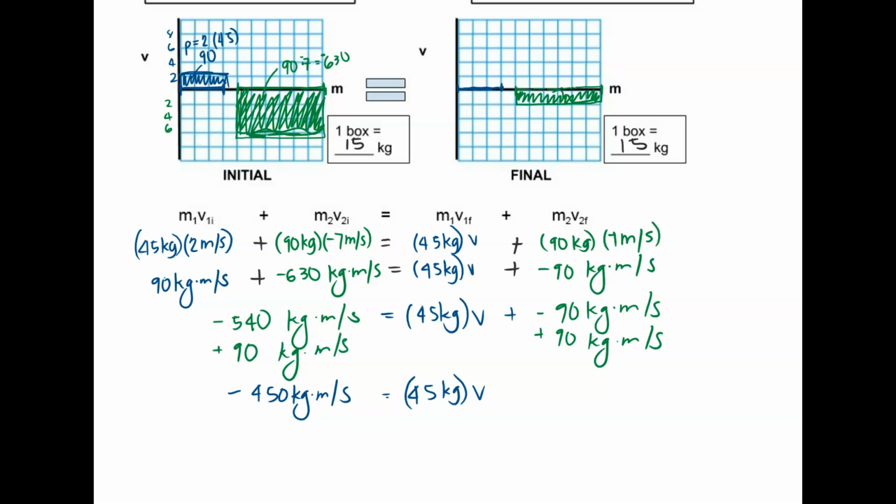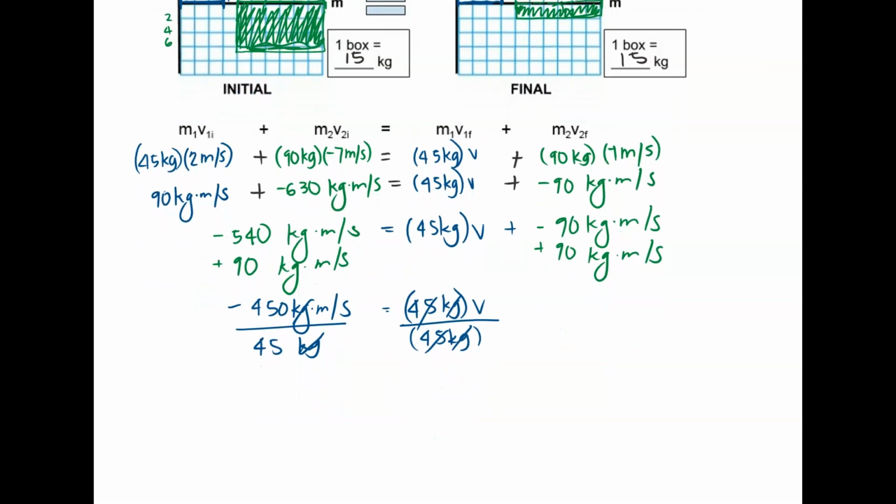Of course, it's negative. We're going to divide by 45 kilograms on both sides, and that cancels out. And so what we're left with is negative 450 divided by 45 will be negative 10. And then we have meters per second is equal to the velocity.